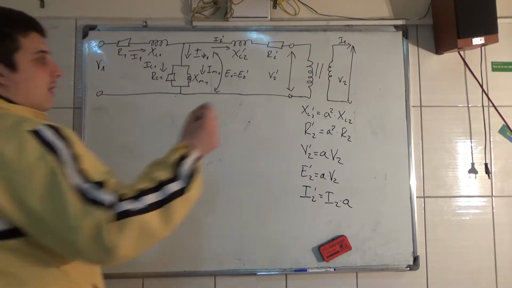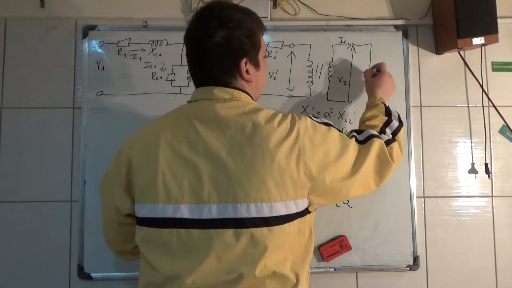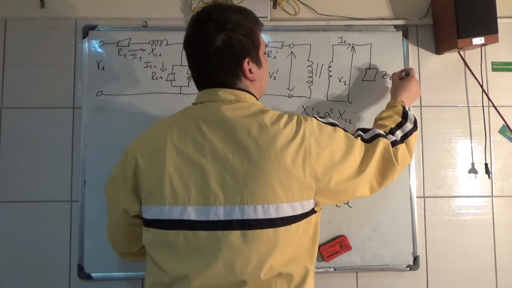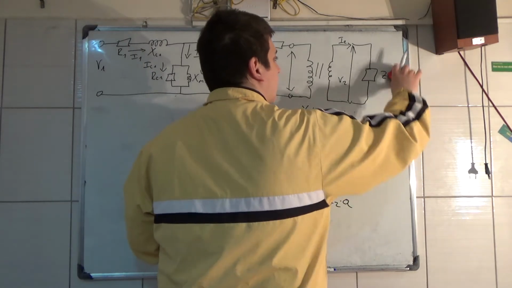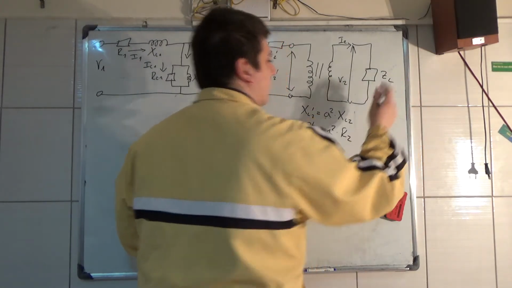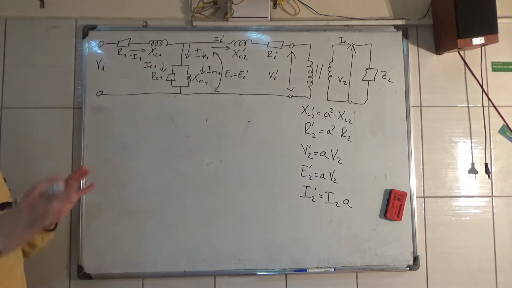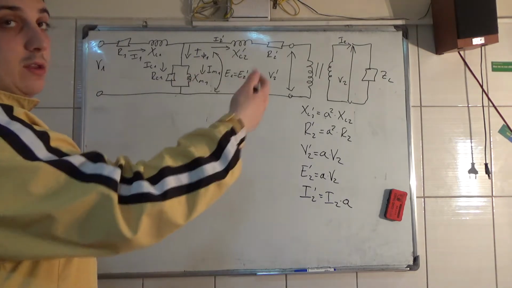And here we have a connected load, Z2 prime. No, sorry, just ZL. This is the load connected on the secondary of the transformer.